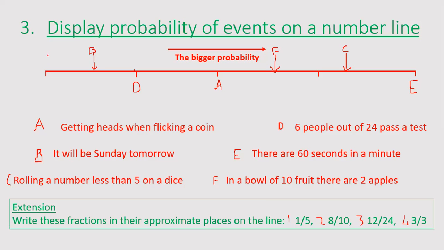That's 1. Next, we've got 8/10. That's going up more towards the higher scale, so 8/10 would be around here.